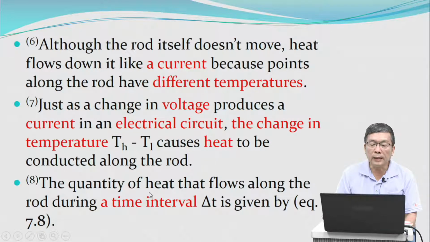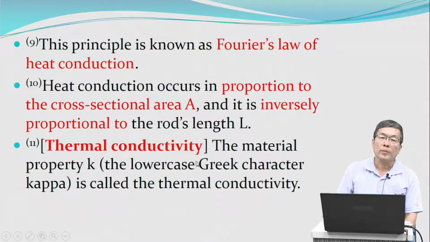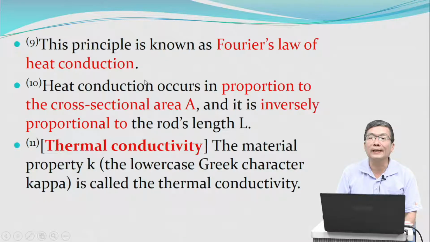The quantity of heat that flows along the rod during a time interval delta t is given by equation 7.8. This principle is known as Fourier's law of heat conduction. Heat conduction occurs in proportion to the cross-sectional area A, and it is inversely proportional to the rod length L.